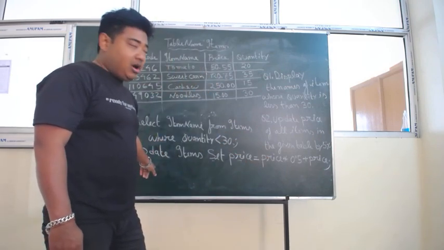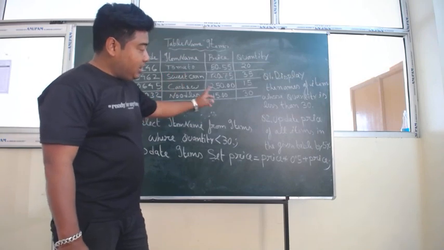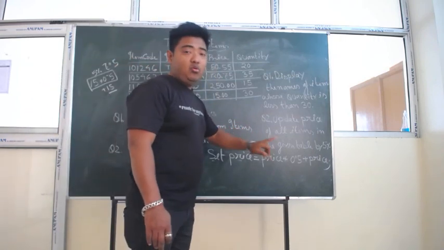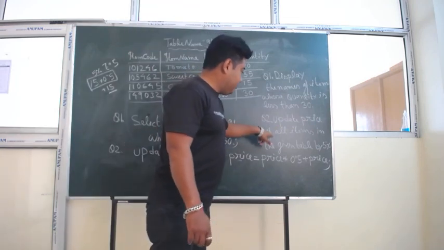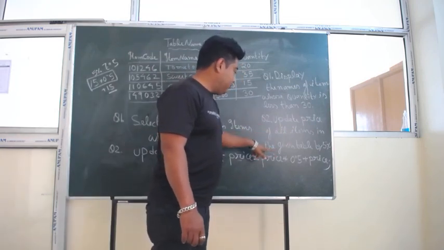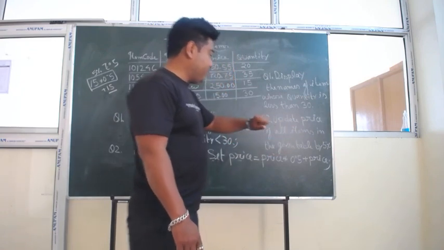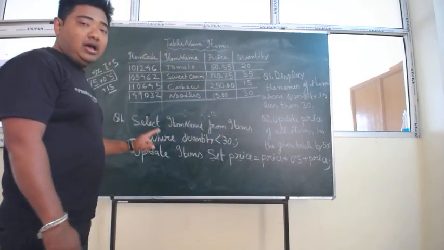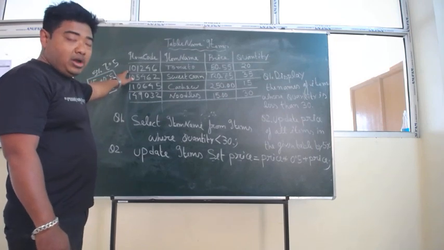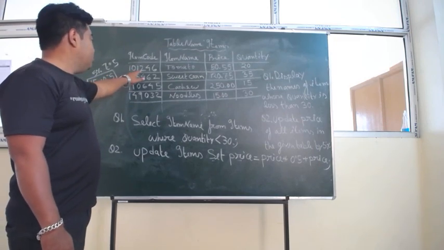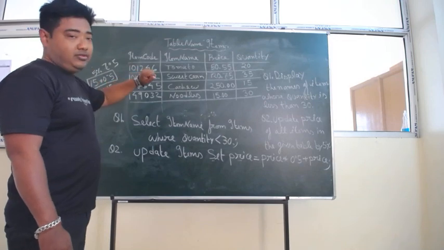Suppose you have to update only a particular record, then the where condition will come. For example, suppose update the price of an item where the item code is 101.246.